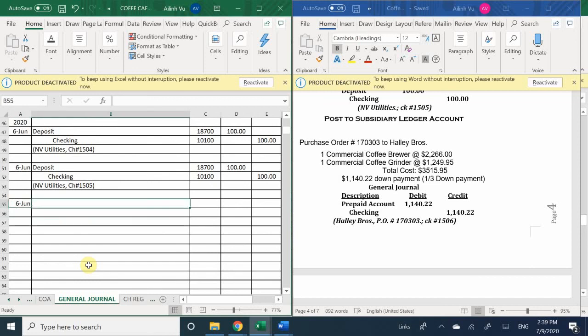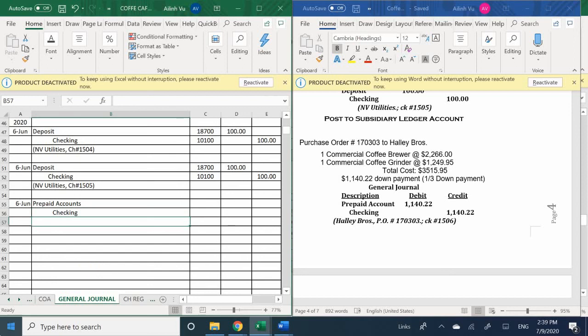And it's going to be for prepaid accounts. And we wrote a check.